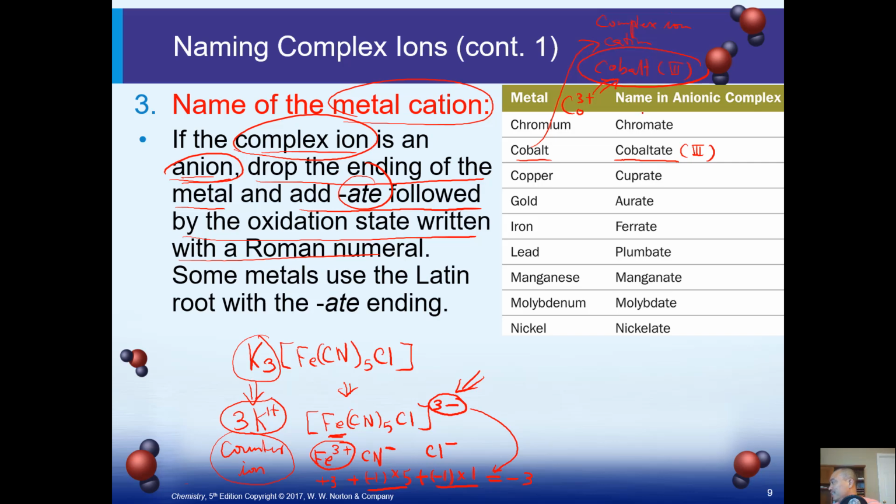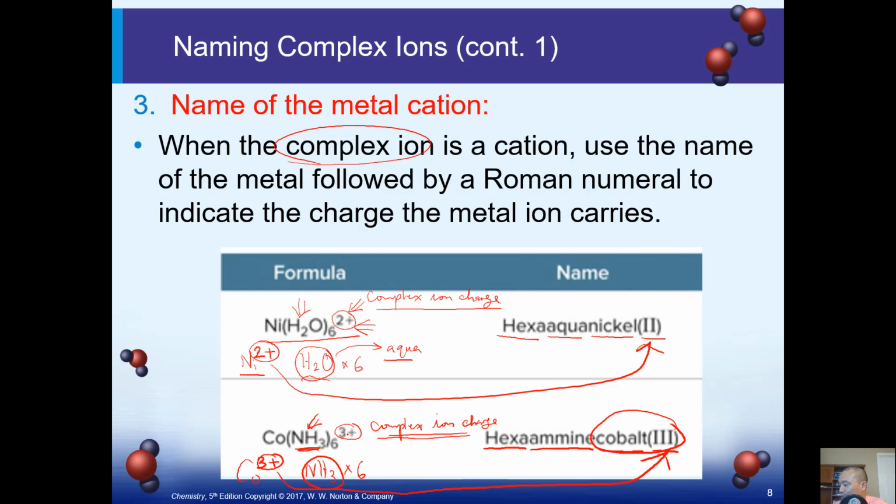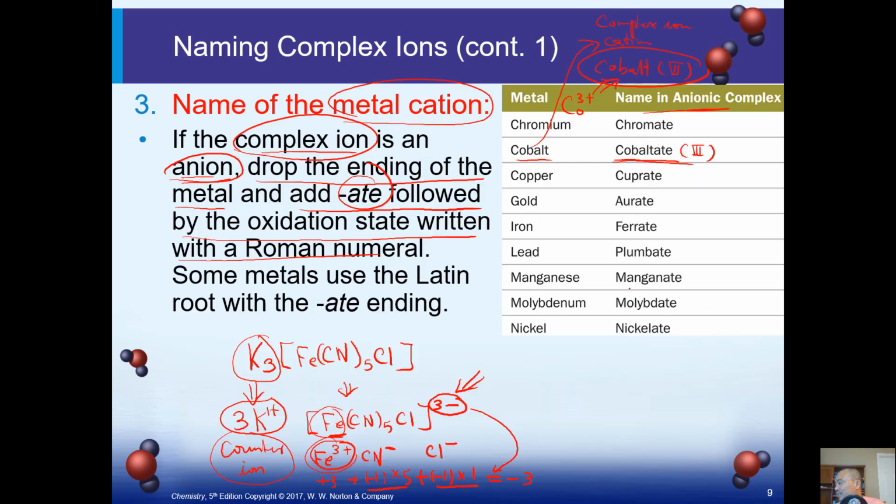But if it's an anion, then we will call it cobaltate(III). Okay. Similarly, for the iron, if it's a positively charged ion, like you can see over here, for example, if it's nickel(II), it would be called nickel(II). If it's iron(III), for a cationic complex ion.